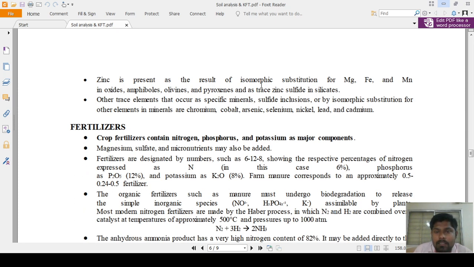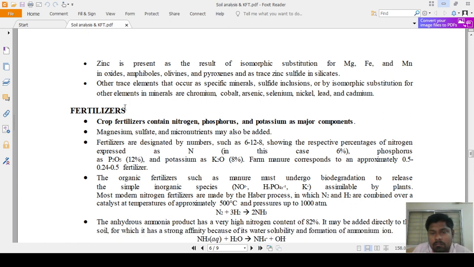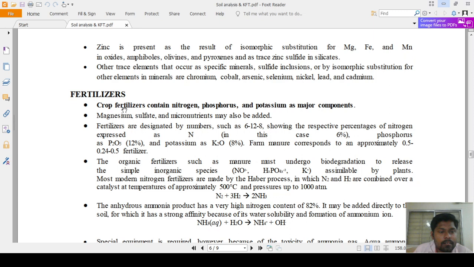Zinc is present as a result of the isomorphic substitution of manganese, iron and magnesium. Other trace elements like chromium, cobalt, arsenic, selenium, nickel, lead, cadmium are also there, some as sulfides.